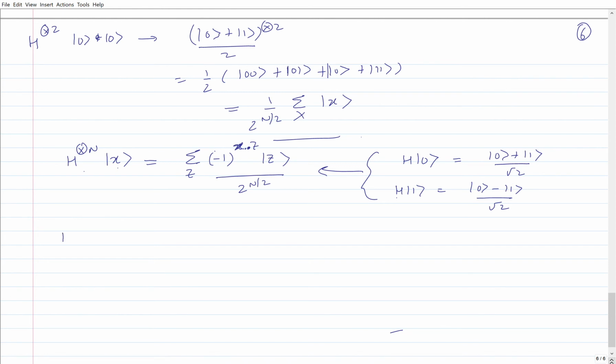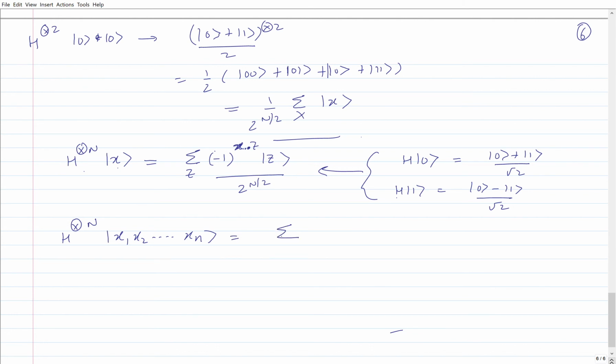So if I expand it, what I'm saying is the following. I have, let's say, a bit string x1, x2, xn. That's my bit string. It can be 0, 0, 0, 1, 1, 1, anything, any x I put over here.